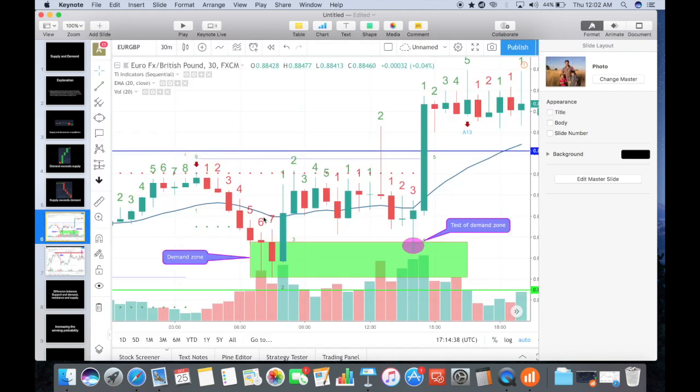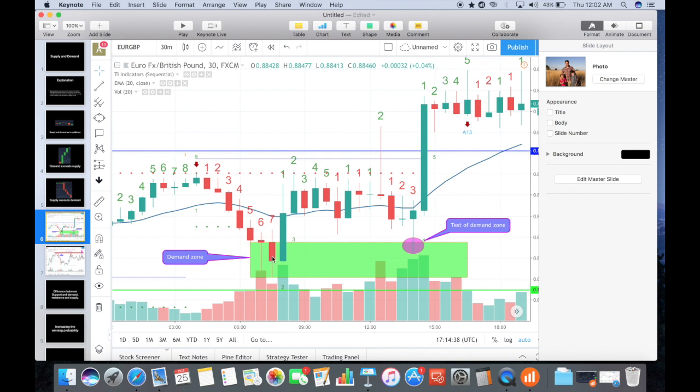If you see over here, there is a disagreement between supply and demand, and demand overpowered the supply here, and prices moved away from this demand zone. But later on, they tagged this zone and quickly moved away after that.